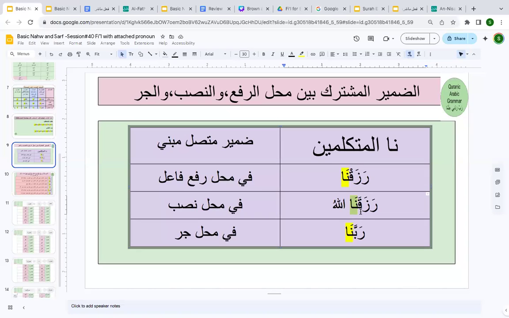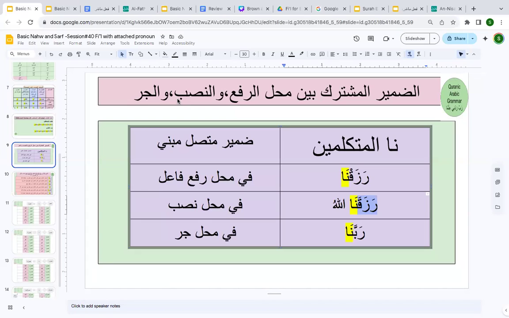If you have something like razaqana, then remember it is no longer a doer pronoun, it is now a detail. Your fail already ended at razaqa. It is huwa razaqa and na is your detail. Now it is a receiver of an action. That is why it is very important.